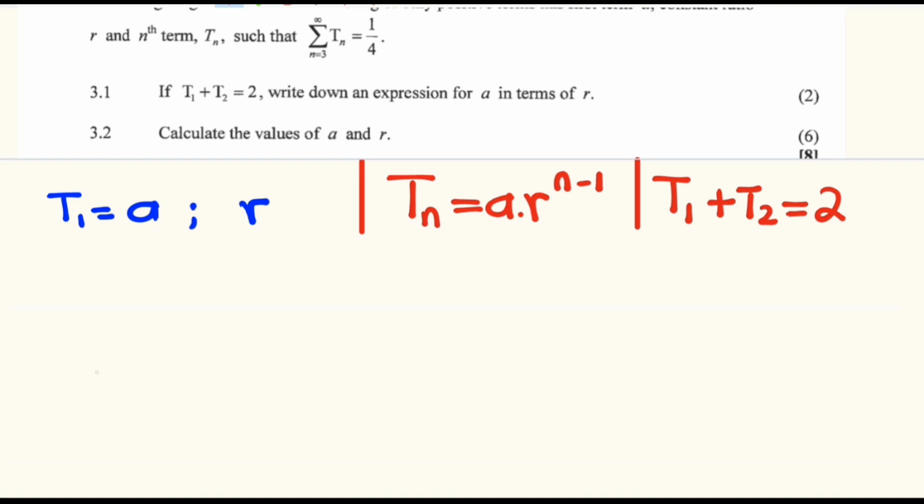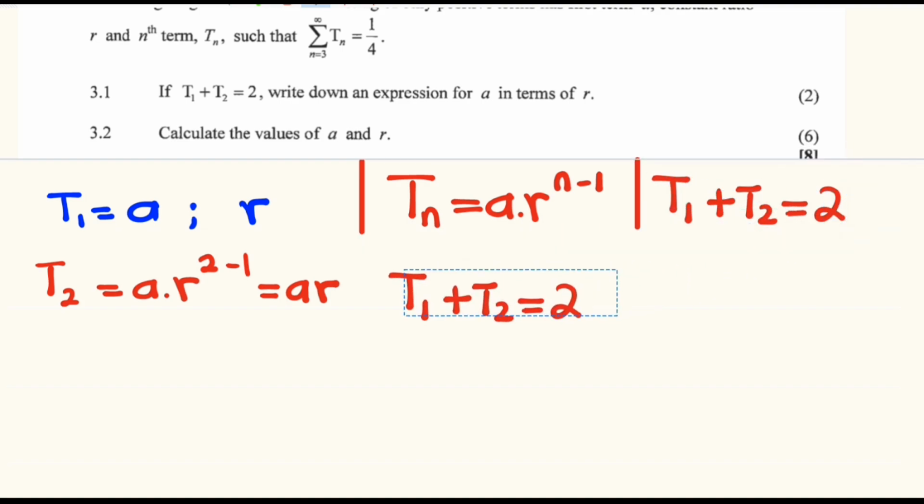So term number 2, in the place of the n, we have 2: A, the first term, multiplied by R, the constant ratio, and in the place of the n, we have 2 minus 1. This will be A multiplied by R raised to the power 2 minus 1. 2 minus 1 is equal to 1. So term 2 is equal to A multiplied by R.